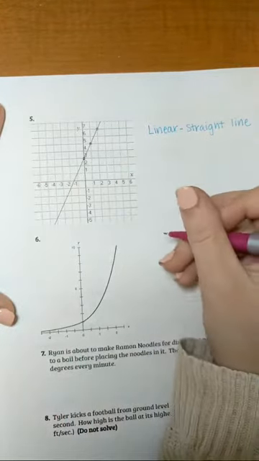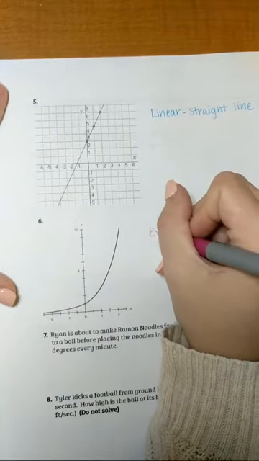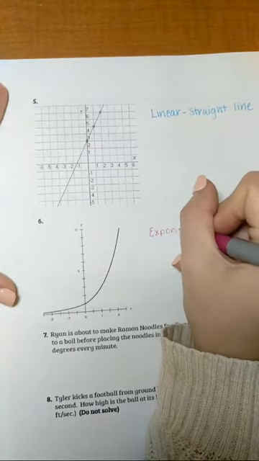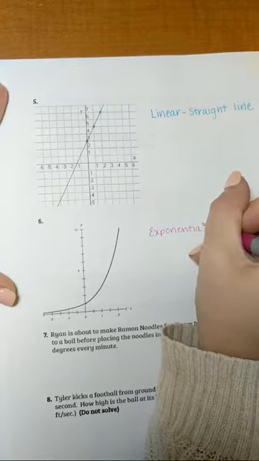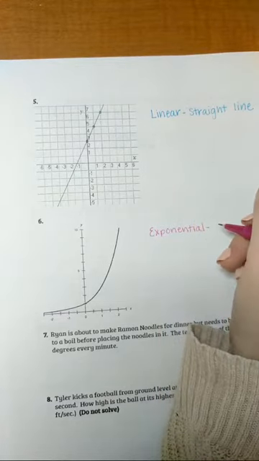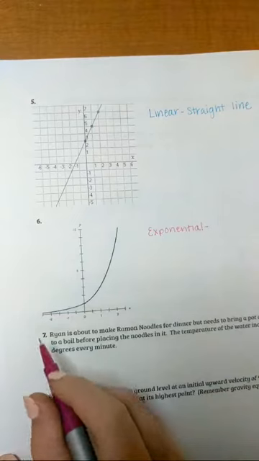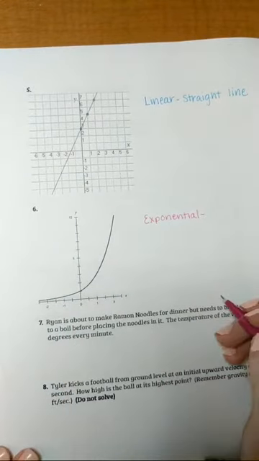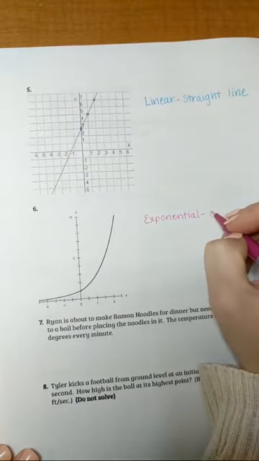And then lastly, this one is exponential. And that is because this one doesn't cross the x-axis.